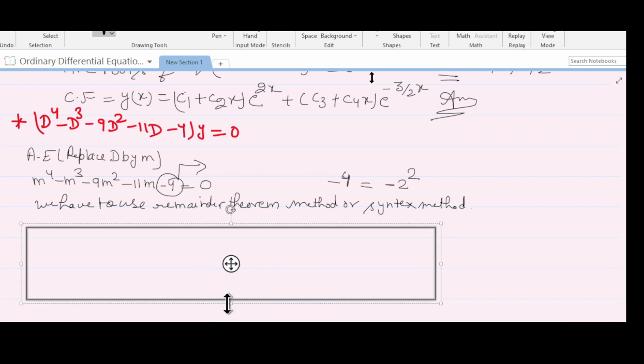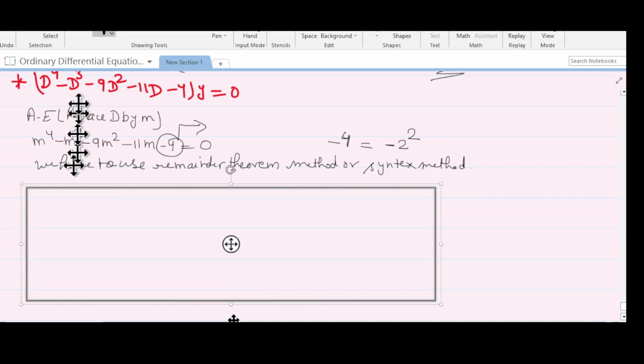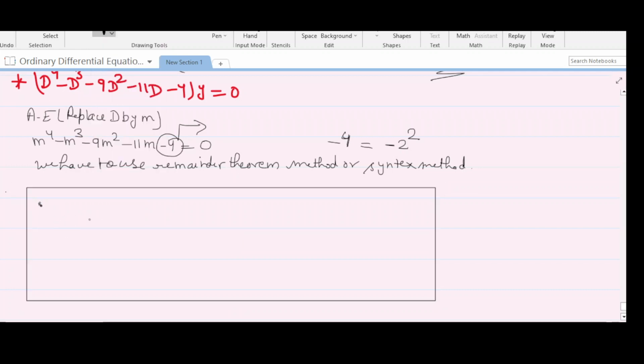We have m⁴ − m³ − 9m² − 11m − 4 = 0. I want to mention this is our rough box.